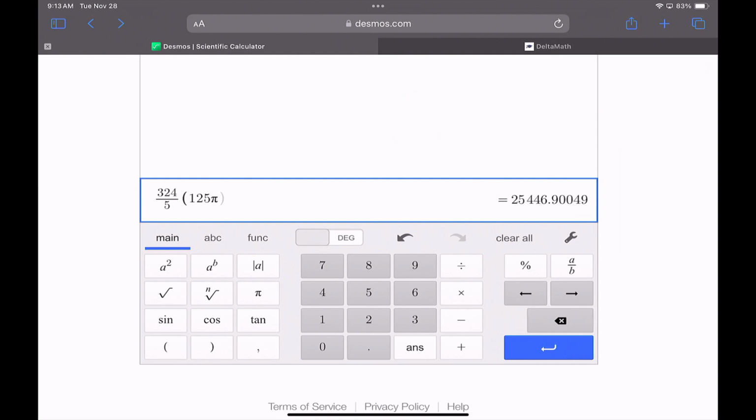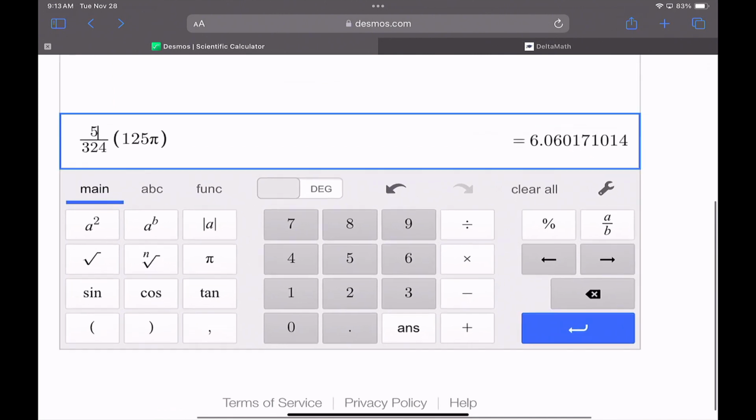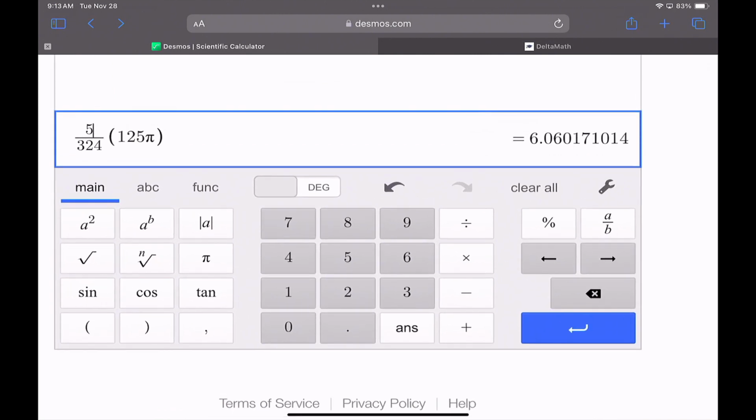You don't need divided by 1. Did I do something wrong? Oh, sorry, it's the other way around, right? Should be 5 on the top, right? And 324 on the bottom. There we go. 6.060.